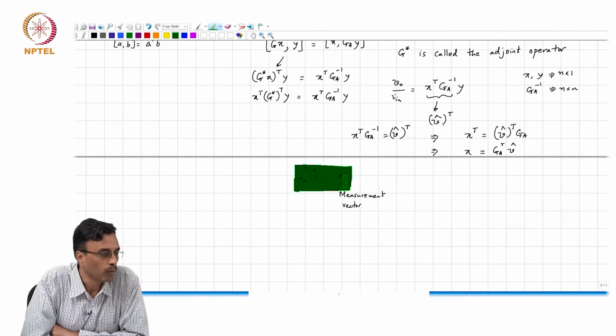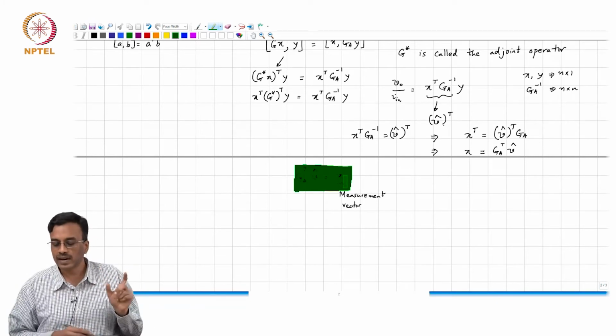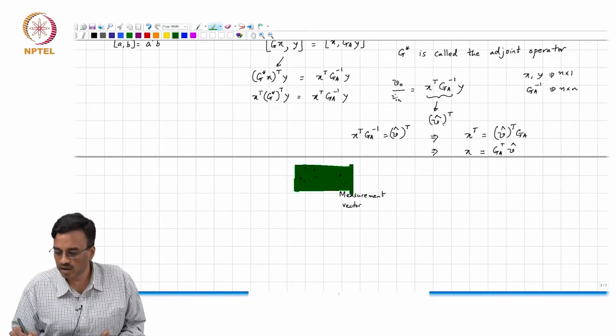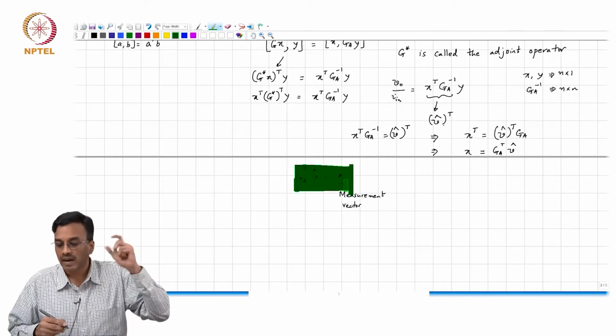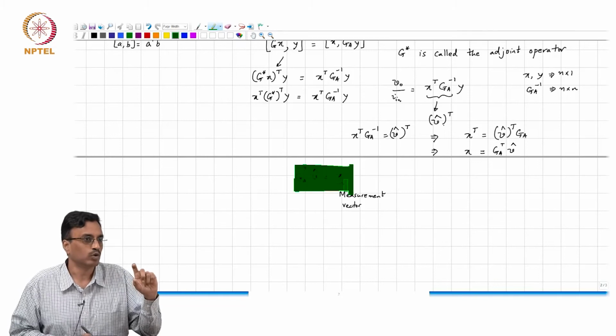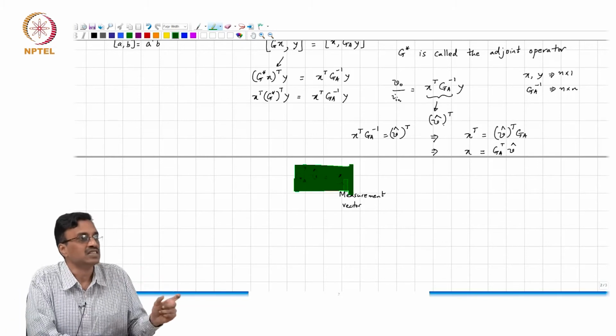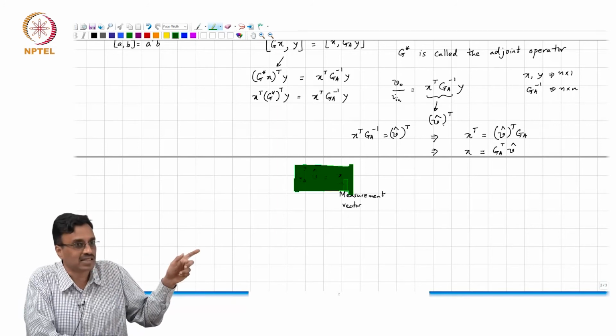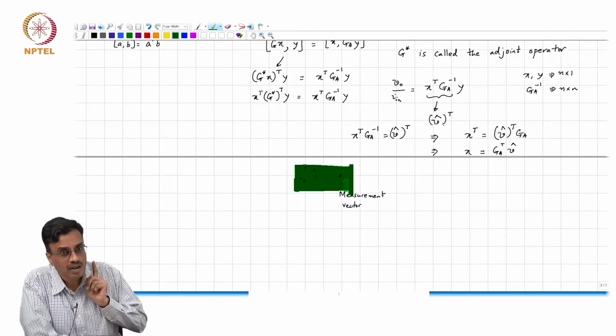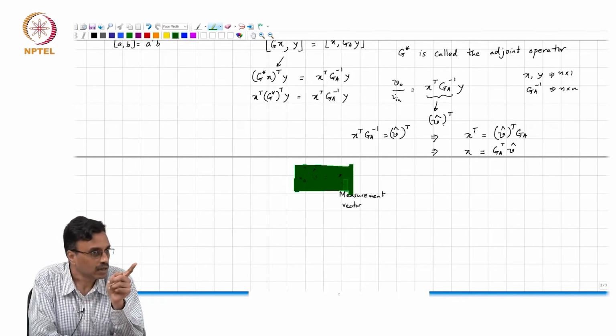Now, by the same token, how can you interpret this? What are we exciting with X? The interpretation is that we are now exciting a network whose MNA matrix is GA transpose with X, which corresponds to the measurement vector, right?